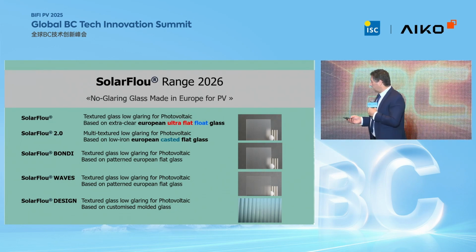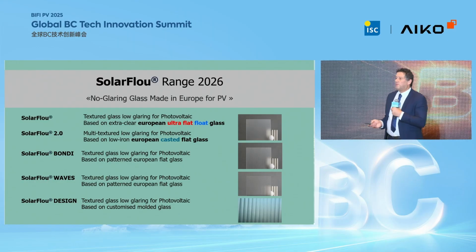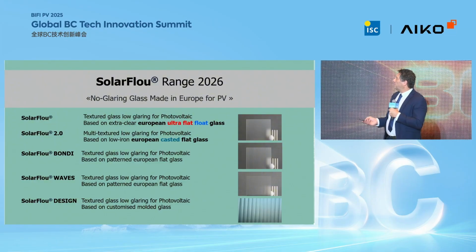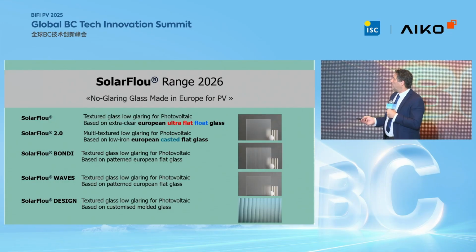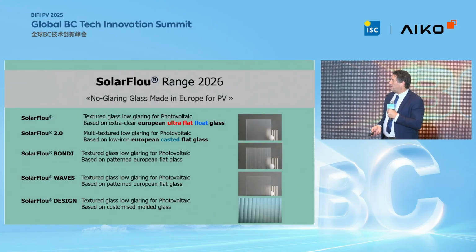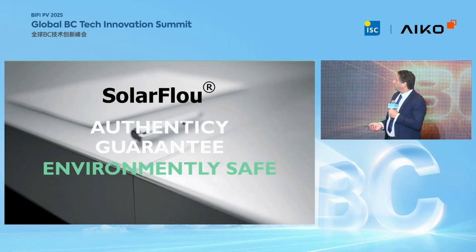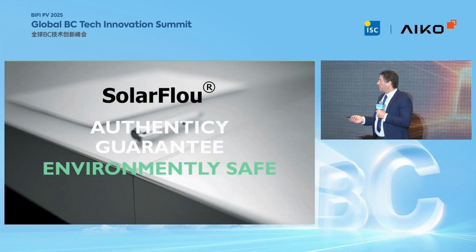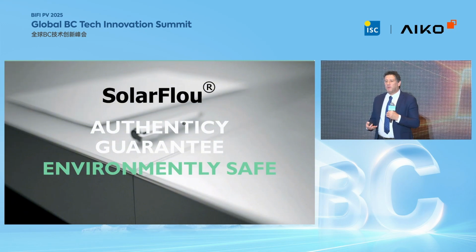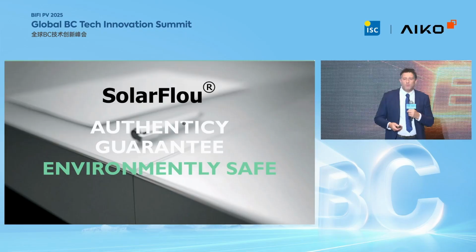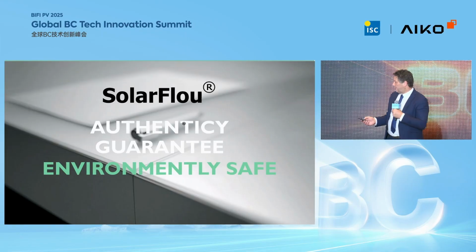You see that the solar flue 1.0, I would say, is the cast glass produced by melted glass pressed between two rolls, and the solar flue 2.0 is also a product based on acid etching of the glass. So at the end, we really want to propose a product where we know where the material is coming from, to ensure that we have no bad element or that we can recycle the product. I will summarize that in the next slide.